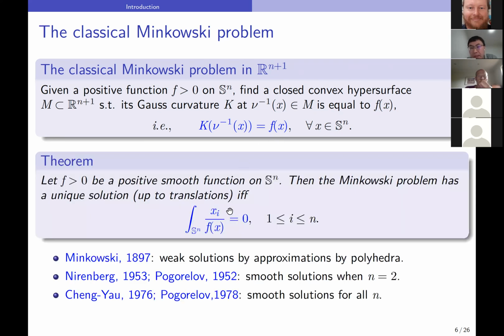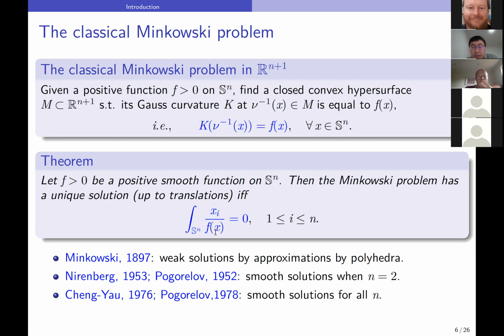Now we know that as long as the function f satisfies this necessary and sufficient condition, we can always find such a convex hypersurface. This problem was solved by many people, like Minkowski, Nirenberg, Cheng-Yau and Pogorelov.